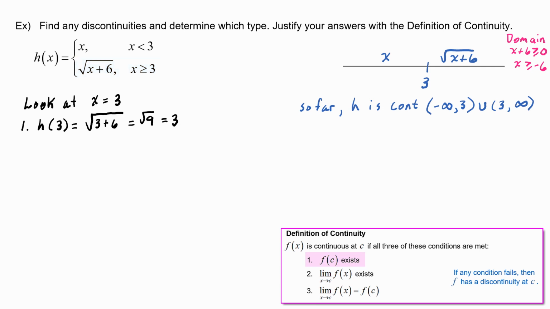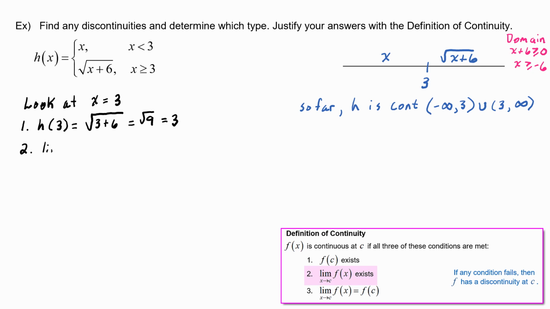So far, so good. H of 3 exists. In step 2, we have to look at the limit. And although we have to look at a two-sided limit, we know now anytime we have a piecewise defined function, we need to look at the one-sided limits.